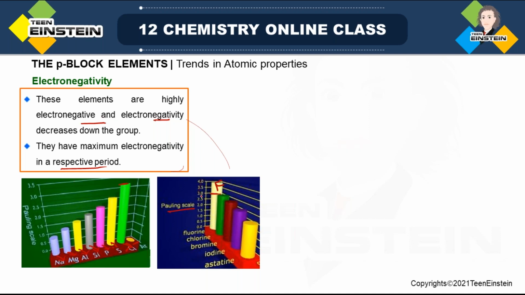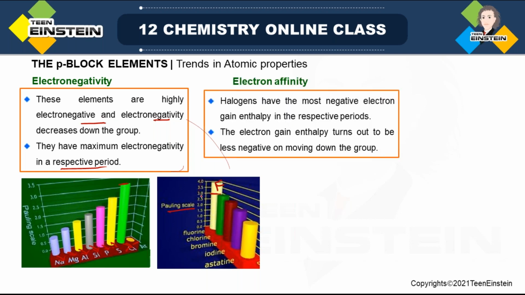After electronegativity, the next property is electron affinity. Electronegativity and electron affinity, though at first glance they seem almost the same thing, are actually completely different. Electronegativity is the tendency to draw electron density towards itself. Suppose there is a bond between X and Y, X is giving one electron and Y is giving another electron.